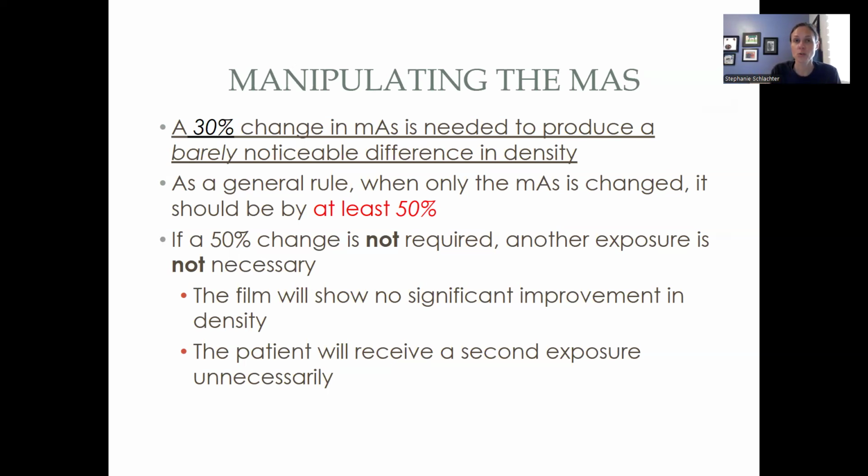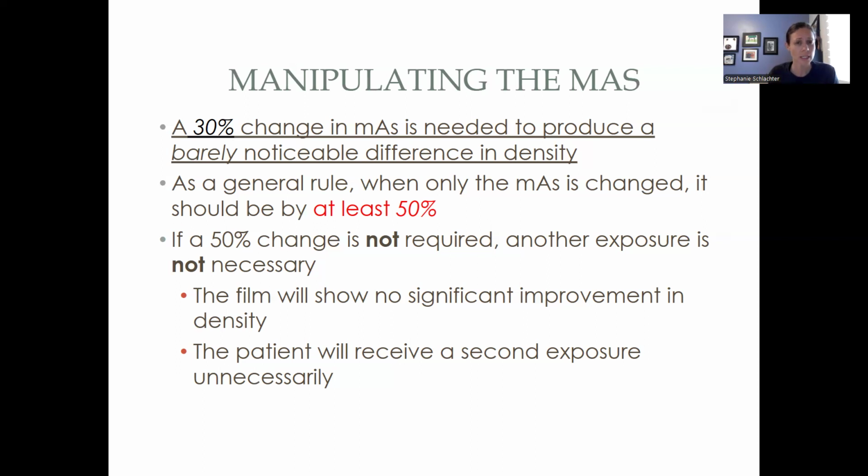So if it's too light or it's too dark, we are going to double or half our MAS, changing by 50%. Because with 30%, we're going to kind of have to put on our magnifying glasses a little bit, or imaginoscope, and be like, oh yeah, that was a difference. But with 50%, we can definitely see a difference.